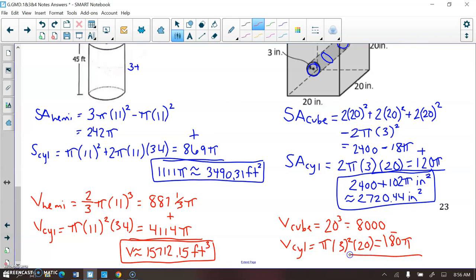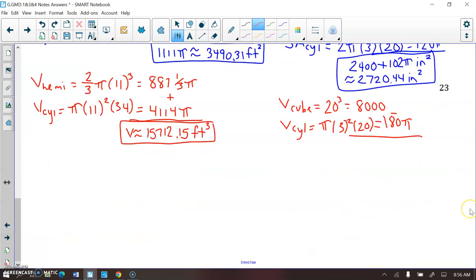So if I asked you for the exact volume, you would just write it as 8,000 minus 180 pi. We cannot combine those two together because the 8,000 doesn't have a pi on it. If I asked for the volume rounded, then you type it into your calculator and you would get this.